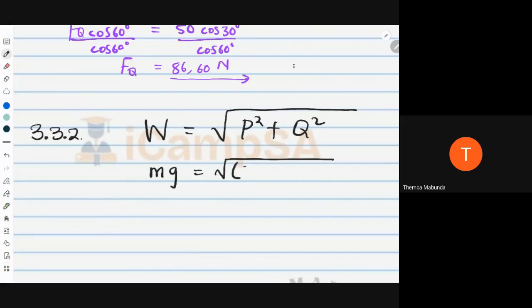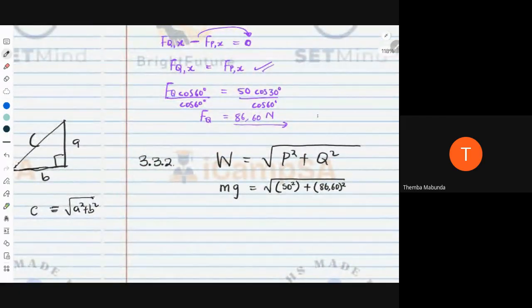It's P is 50 squared plus 86.60 squared, right? Then that's my m times 9.8 because g is 9.8. Or I can simply just divide both sides by g.